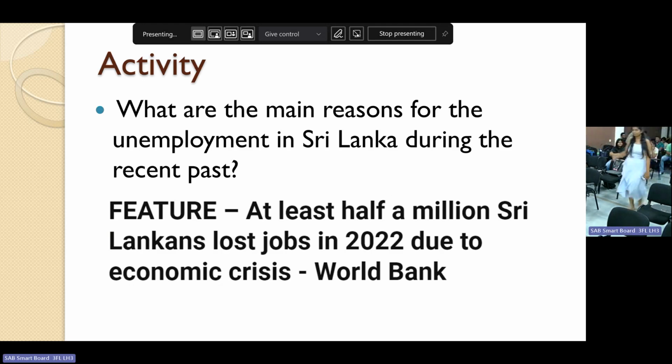Now, you must know what the main features in unemployment are. In the recent past, we see the unemployment rate with a slight decrease, but if you look at it in general, there is a high unemployment rate.